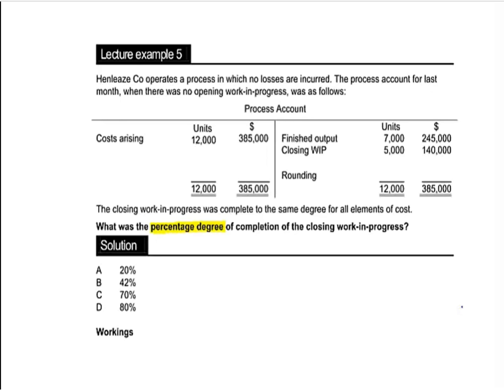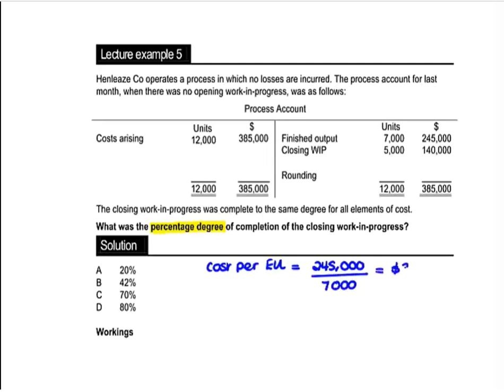The starting point then has got to be working out the cost per equivalent unit. Instead of working out the cost per equivalent unit by going through the stages with the process percentage complete of the closing WIP, what we can do is we can have a look then at the valuation of the finished output and divide that by the number of units.